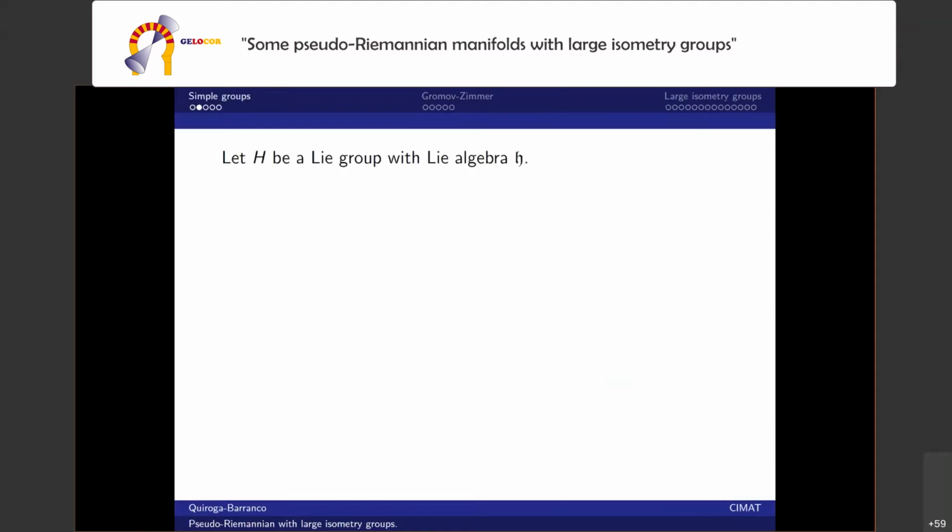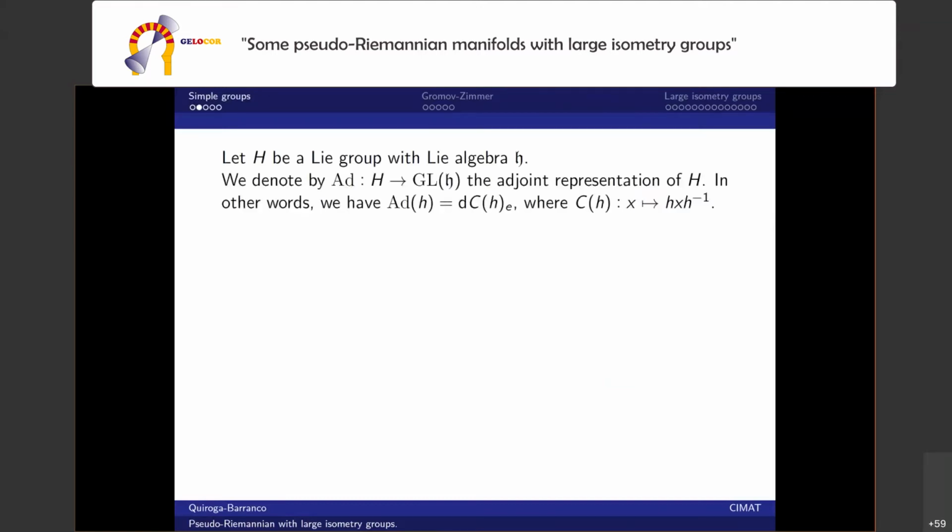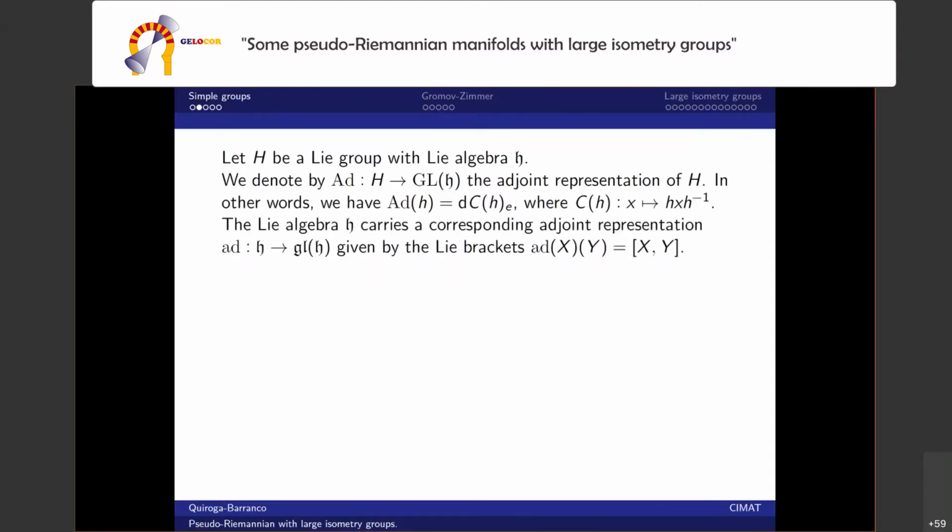Some of you might already know it very well. You take a Lie group with a Lie algebra, and of course we have the conjugation, which is a diffeomorphism. If you take the derivative, you get the adjoint representation. You take the derivative again, and you get the adjoint representation, but now of the Lie algebra, and that actually gives you the Lie brackets of the Lie algebra.